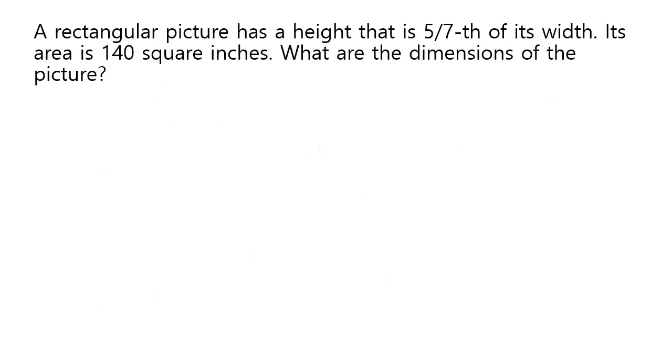Here's another example. A rectangular picture has a height that is 5/7 of its width. Its area is 140 square inches. Well, let's again use this strategy. Just call the height x and the width y. I see that height is 5/7 of its width, and "is" means equal sign.